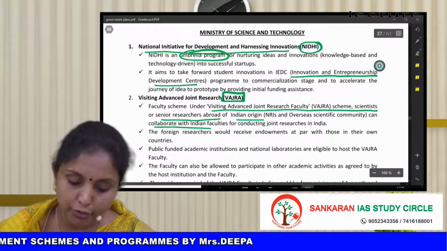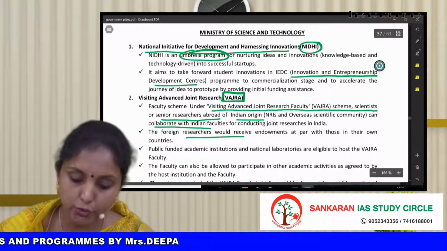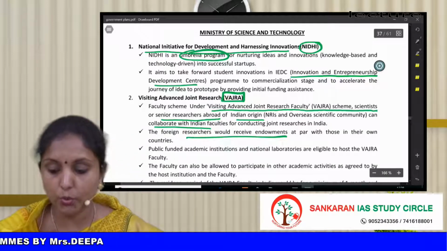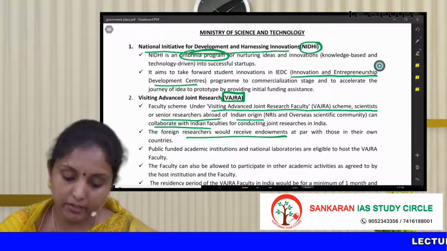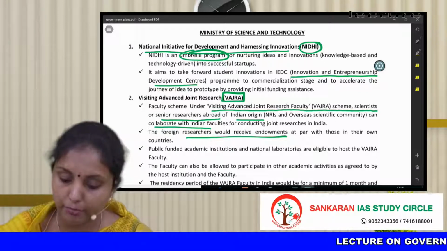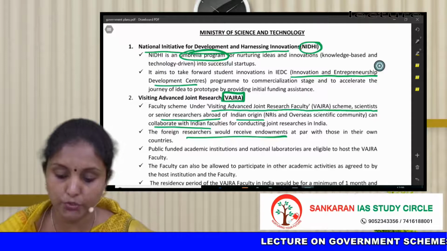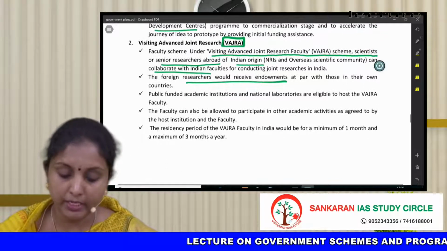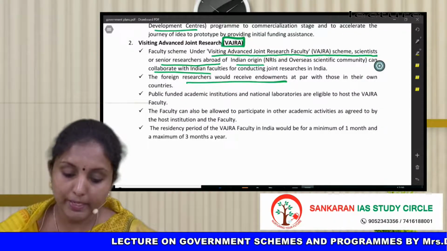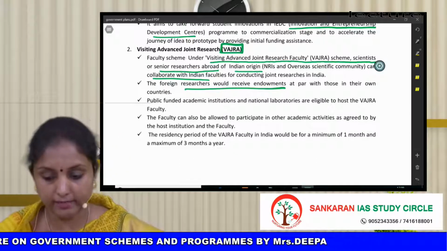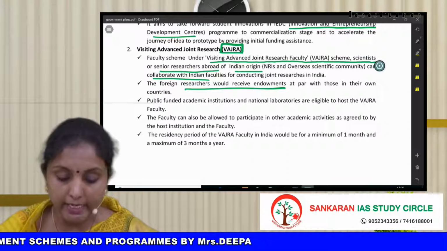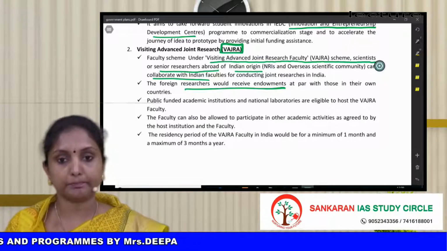For this, the foreign researchers would receive endowments at par with those in their own countries. Public funded academic institutions and national laboratories are eligible to host the Vajra faculty. The faculty can also be allowed to participate in other academic activities as agreed by the host institution and the faculty.